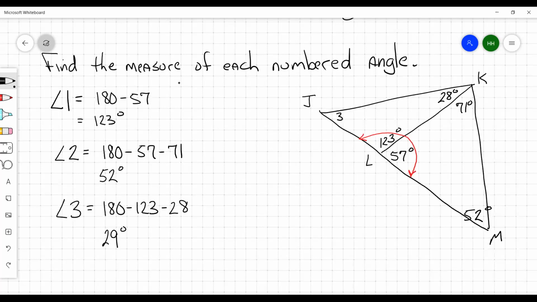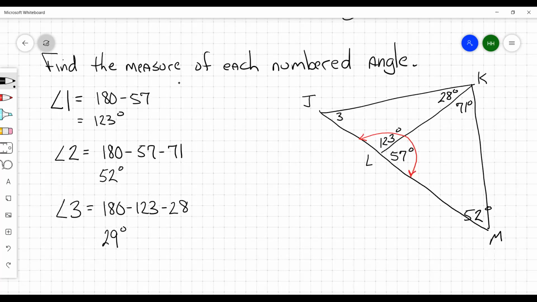All right, so there's finding the measures of 3 different angles in a multi-angle setup here. Everybody okay with that? Not overly difficult, right?